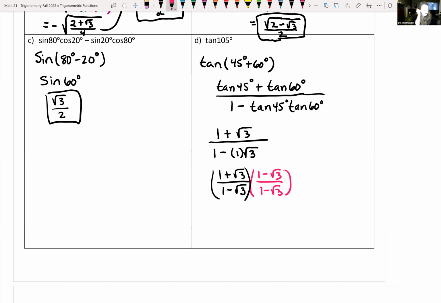This should be plus in between my 2 terms. Okay, so now let's distribute. We have 1 times 1, which is 1, 1 times root 3, plus root 3, plus root 3, square root of 3 times square root of 3 is 3, all over. The reason we multiply by the conjugate is so that we have a difference of 2 squares. And so just squaring the first term, I have 1 minus the square of the second term, root 3, I get 3.